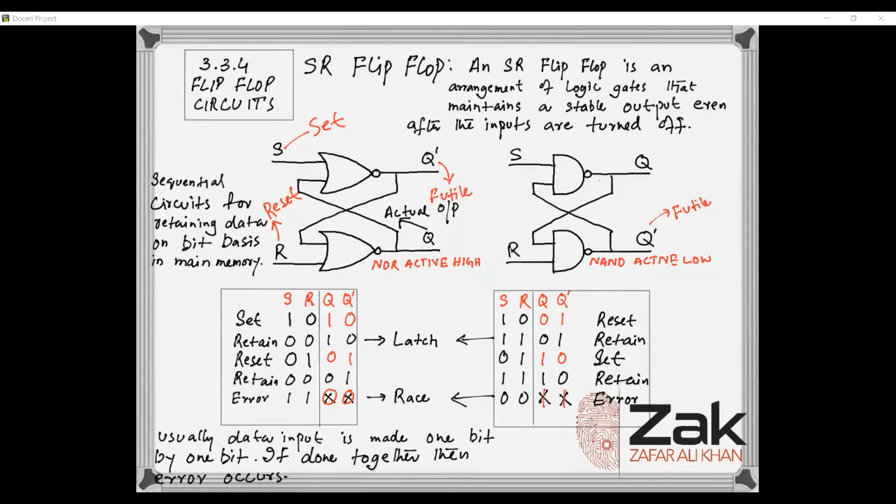In NAND-based flip-flops, 1 and 1 is now retain, and 0 and 0 is now race or error. In NOR-based flip-flops, 1 and 1 produces 0 0, which is race. In NAND-based SR flip-flops, when you put both zeros, the result is 1 and 1 instead of the output, and that is an error regarded as race.